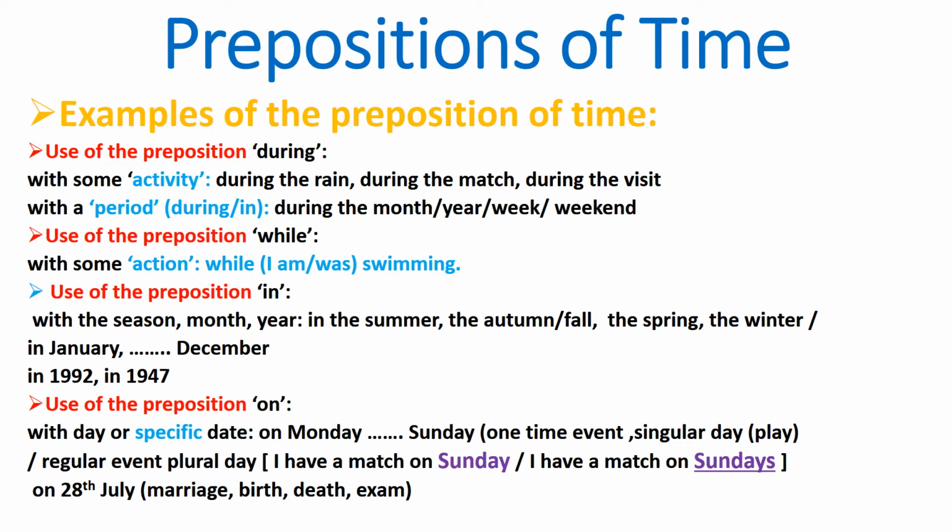And all the seasons are written in lowercase letters, or you can say small letters. Like we have the seasons of summer, in the summer, in the autumn. Remember, in the USA they say in the fall, replacing the word autumn, so they use fall in place of autumn.